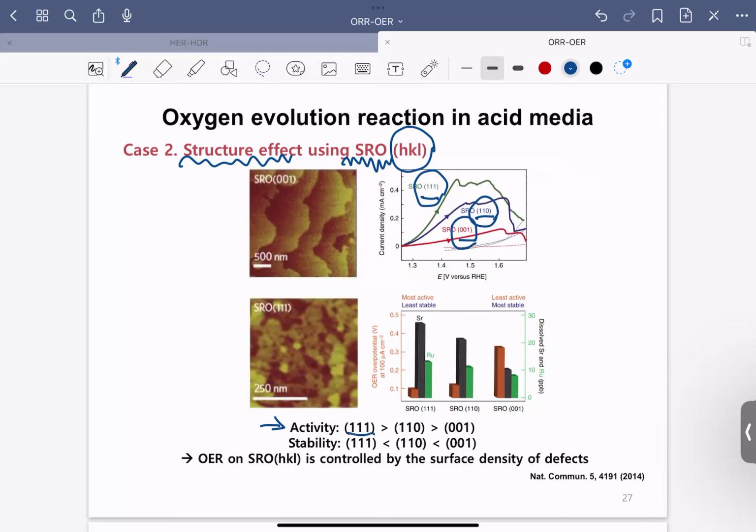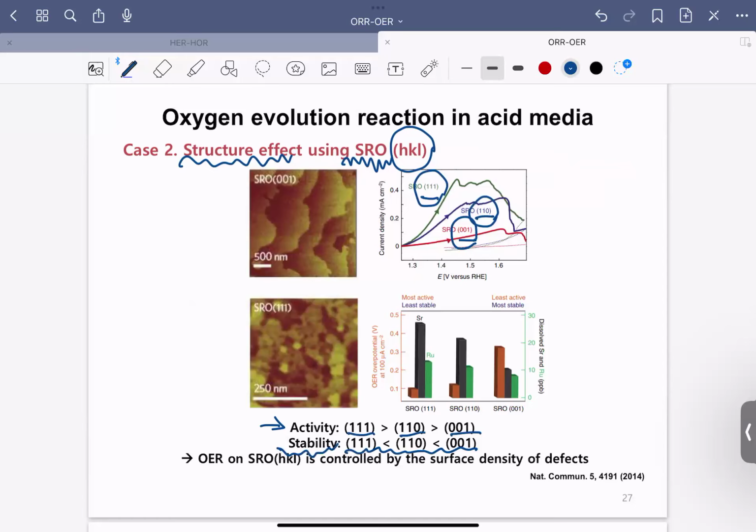So you can easily check the activity trend just by reading the current density, right? And what about the stability? If you quantify the dissolution during the reaction condition, then you can also easily quantify the stability trend. Interestingly, the higher the activity, the lower the stability.